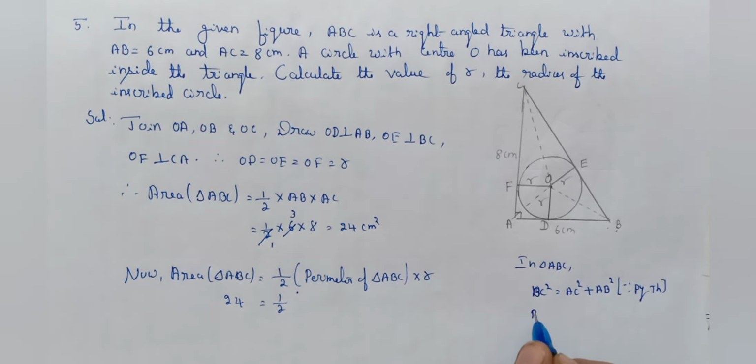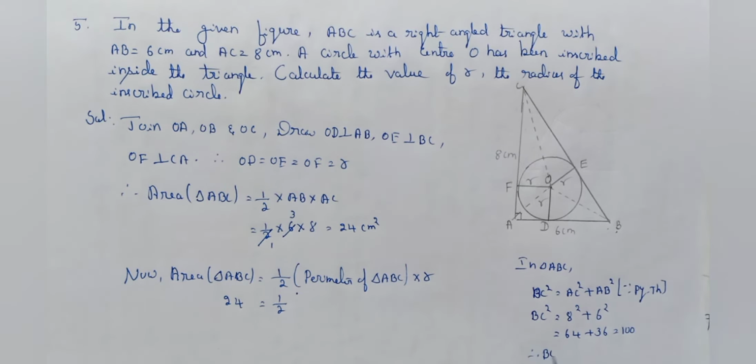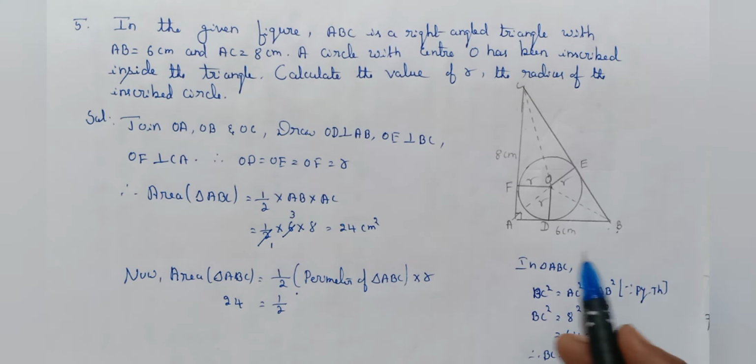BC square is equal to AC is 8 square plus AB is 6 square. 64 plus 36 equals 100. Therefore, BC is equal to square root of 100 is equal to 10 centimeter. So, the length of BC is 10 centimeter. Now you know all the three sides. AB is 6, AC is 8 and BC is 10 centimeter.